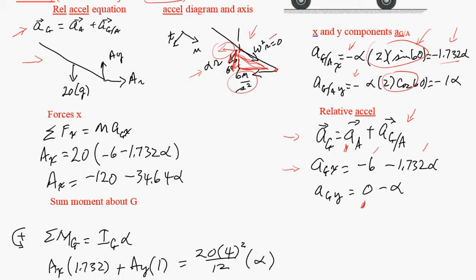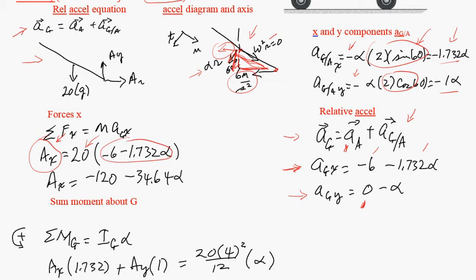And then off of alpha r, you get minus alpha. Once you get those accelerations in the x and y written, then you can sum the forces off of your free body diagram, and set it equal to m times the acceleration in the x direction.